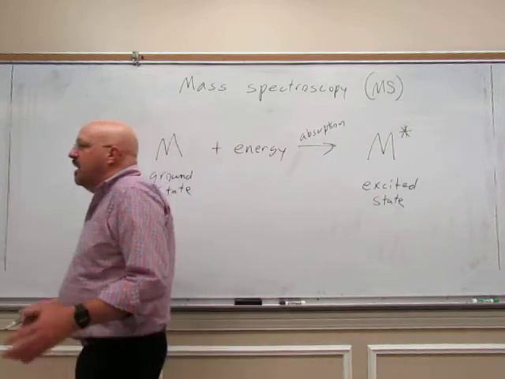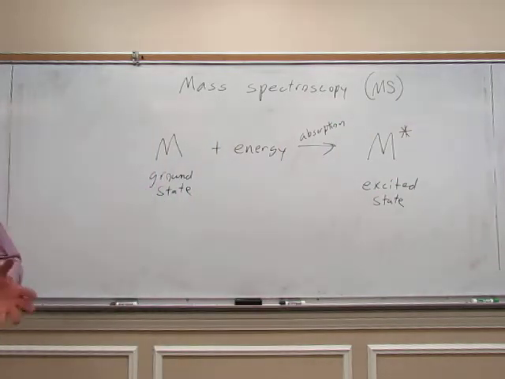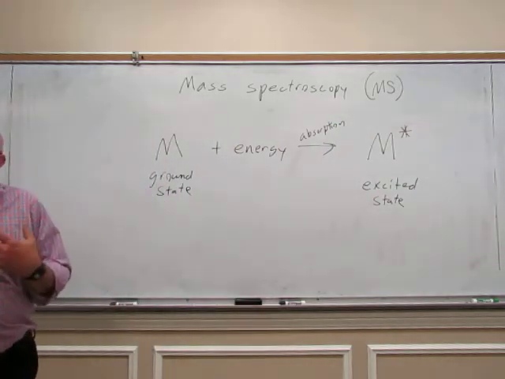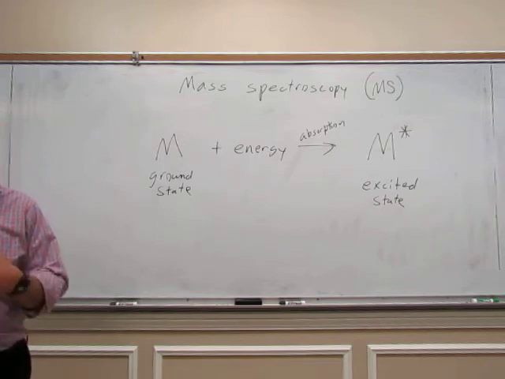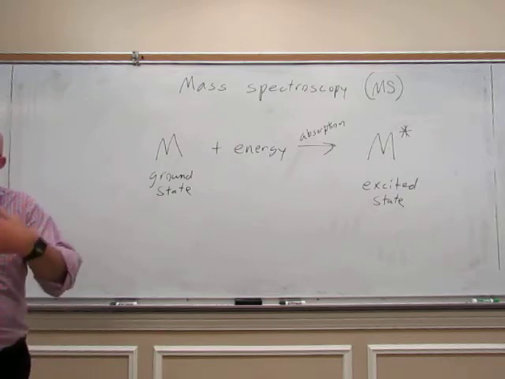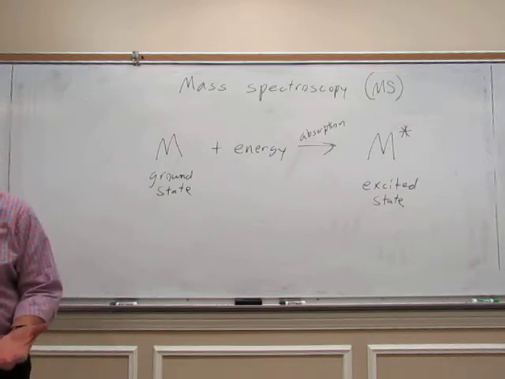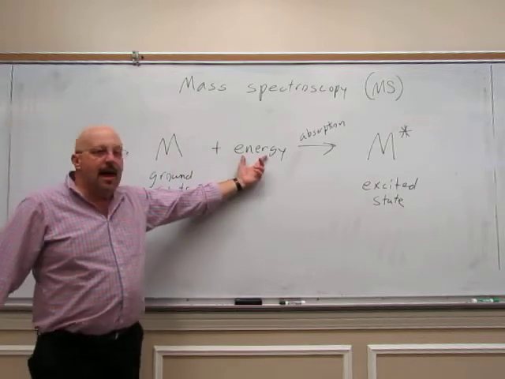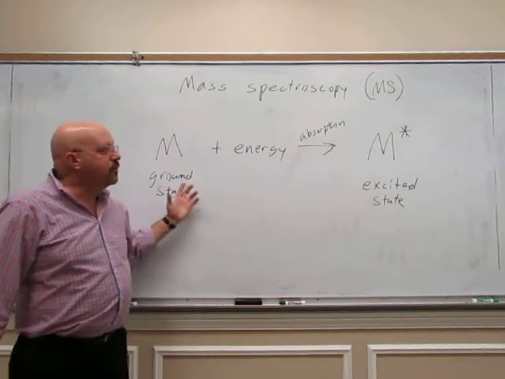Now, basically every instrument there is works this way. We're just applying a different energy source and we get different information out. We can use ultraviolet visible light and we learn about the conjugation in the molecule. We can use infrared and go to an excited state.